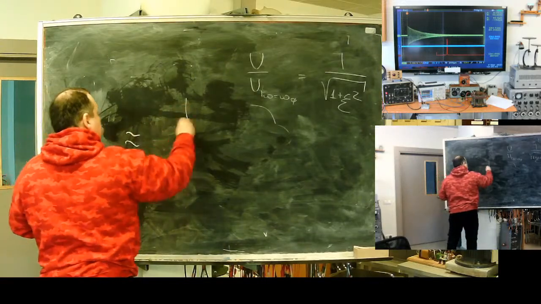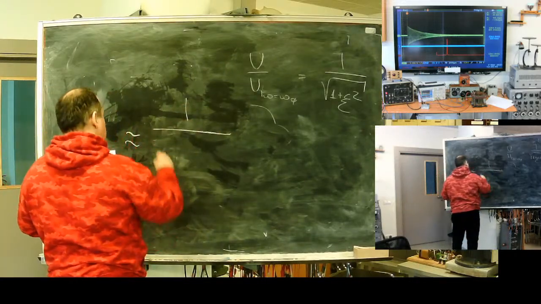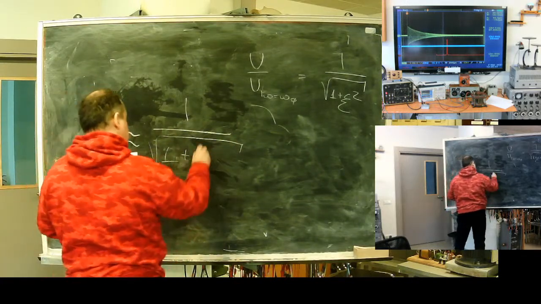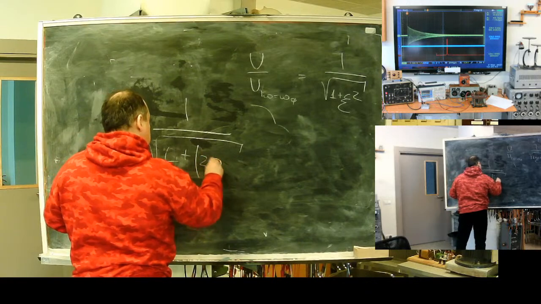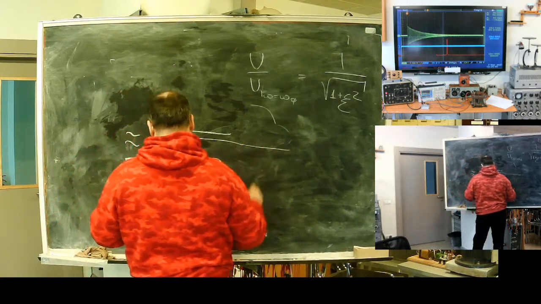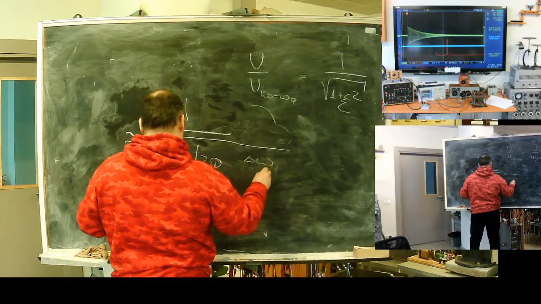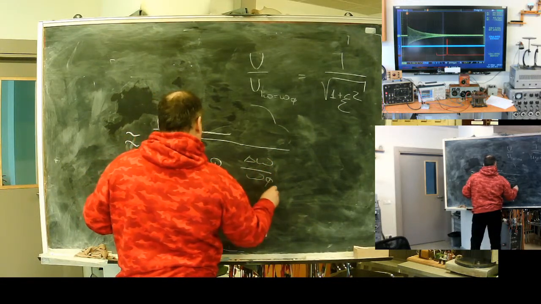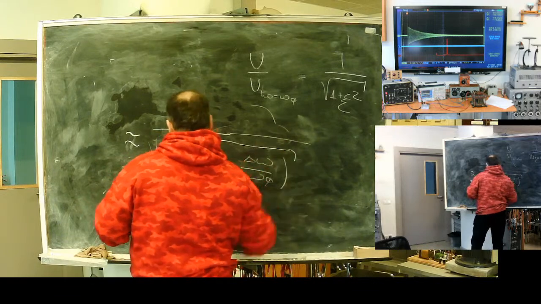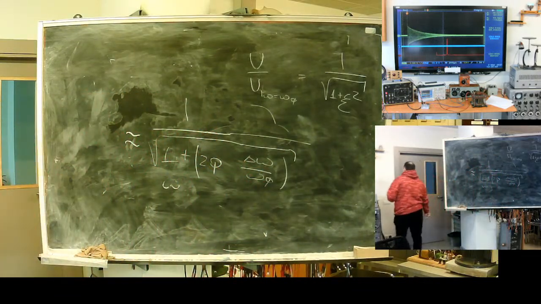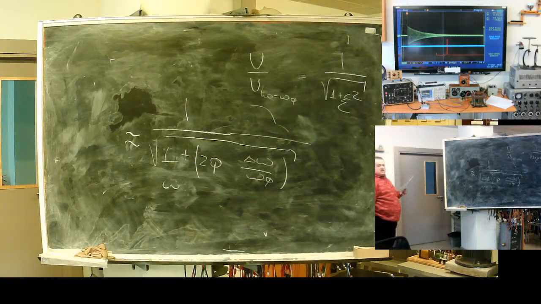Approximately, it's 1 divided by square root of 1 plus double Q delta omega divided by omega 0. It's an approximation. We will see the same characteristic as for sequence resonance. But one moment.